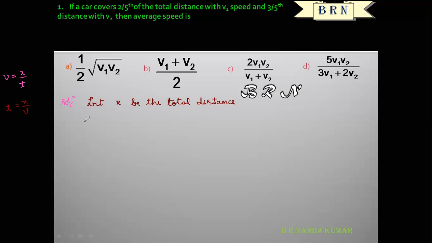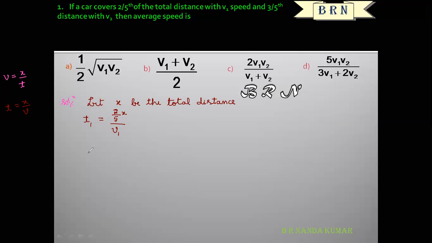Let T1 be the time taken to cover 2/5 of the total distance with V1 speed. So T1 is equal to (2/5 x) divided by V1.